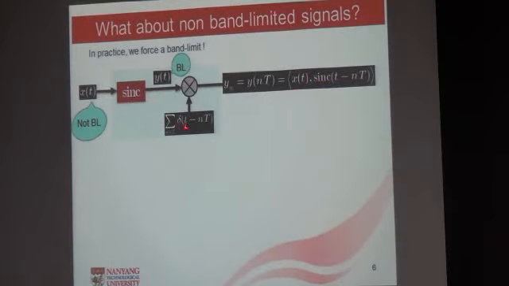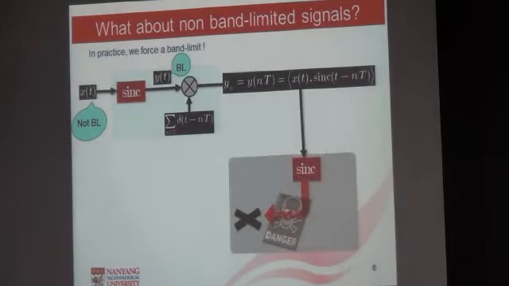Okay, so we multiply by a comb of uniform Diracs, and we're going to get the sample values. But when you convolve these sample values with a sinc, you're not going to get the perfectly reconstructed signal x of t. What you're going to get is y of t. Okay?